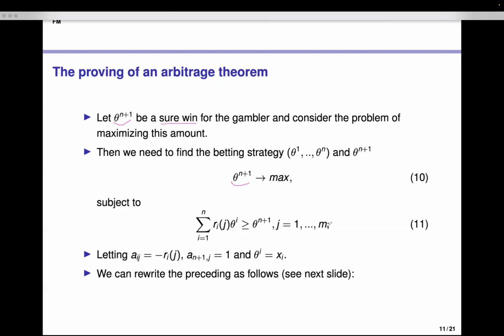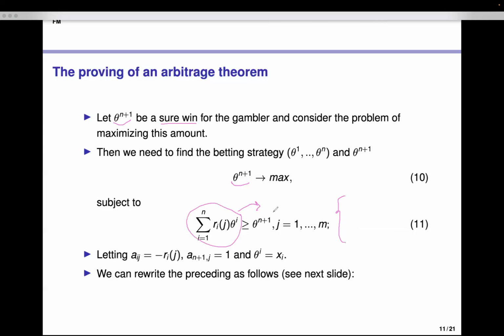So I hope you can write this system. After that, we would like to move this to the right side, so it will be with minus.